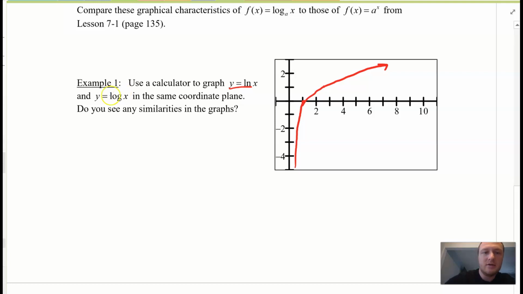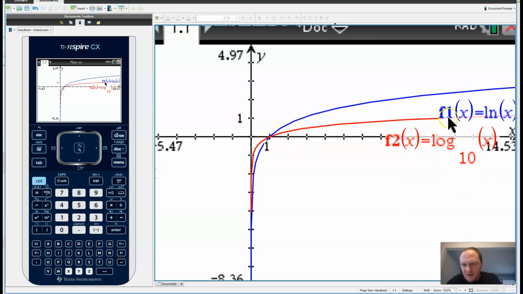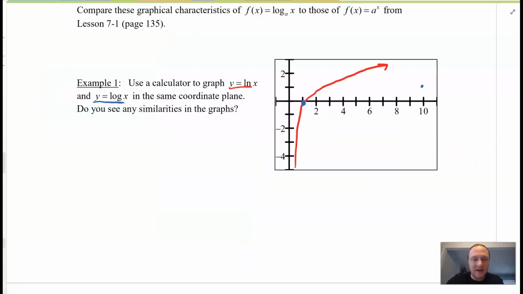And y equals log of x, again an intercept here, and then this one is tighter. If you look at the graphs, I flipped my colors, but the log base 10 is closer, more compressed to the x-axis, and that looks something like this.